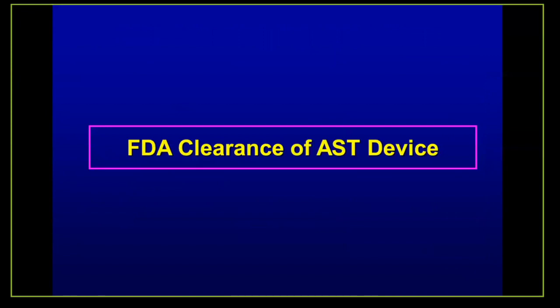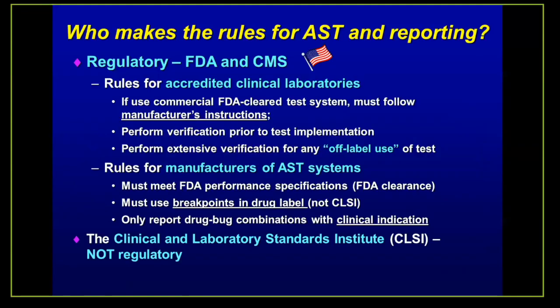We're going to move on now to explaining how a manufacturer goes through the FDA clearance process for an AST device. The FDA and the Centers for Medicare and Medicaid Services, CMS, provide the regulatory requirements for bringing an AST device to market. So the rules for accredited clinical laboratories: we need to be able to use commercial FDA cleared test systems and we have to be able to follow manufacturer's instructions.